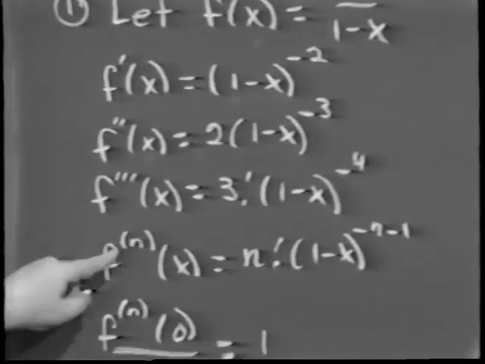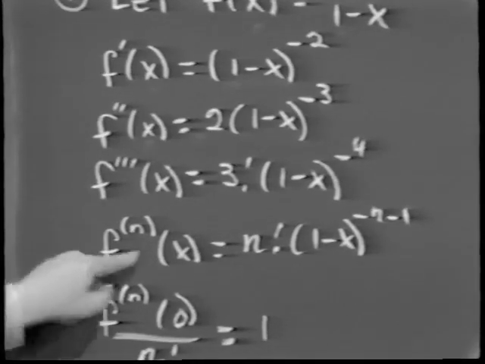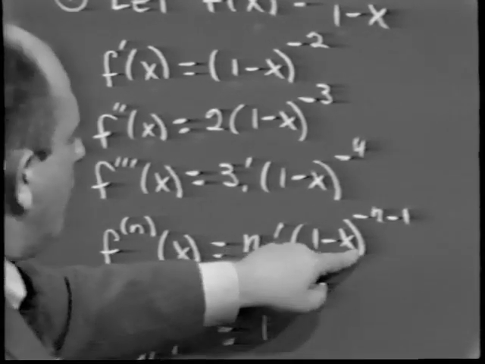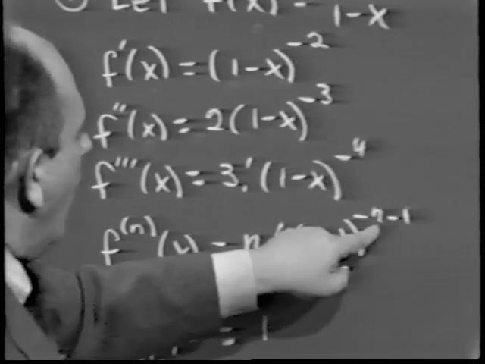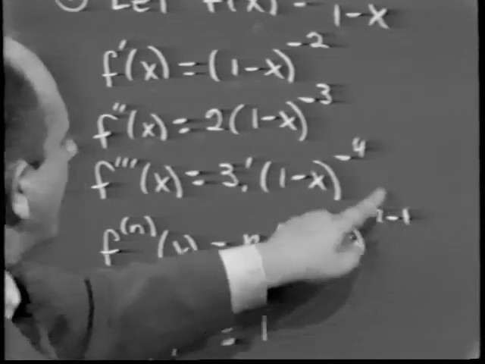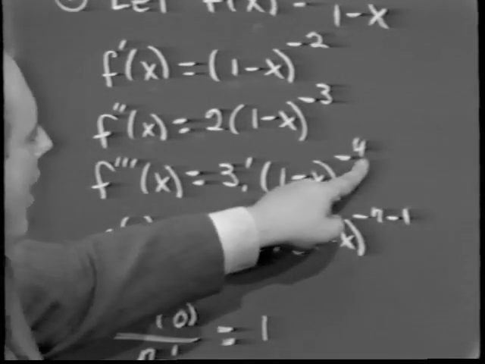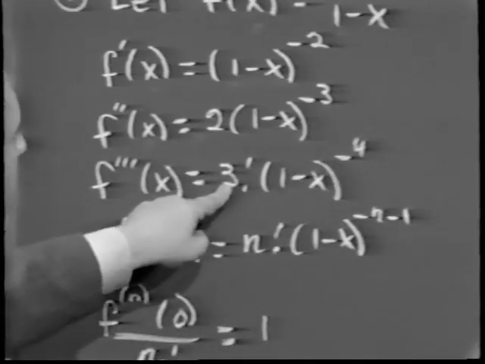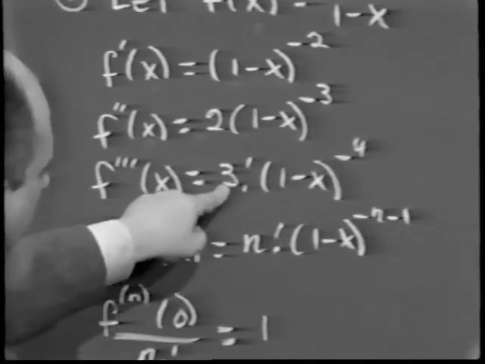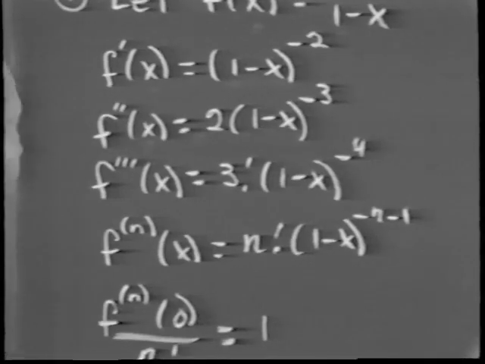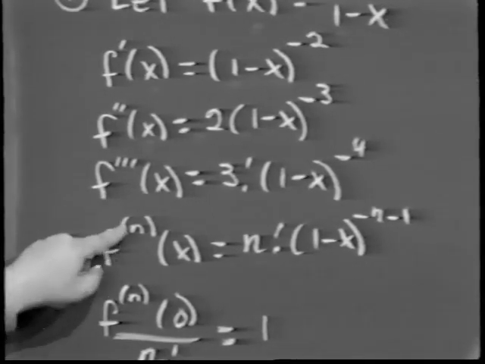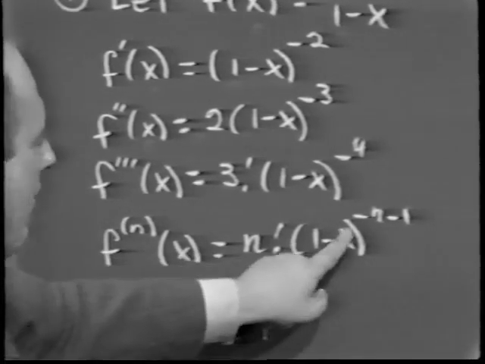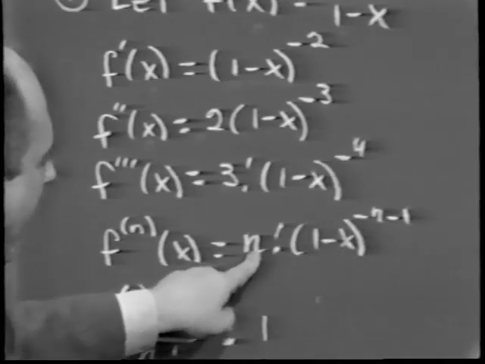And in general, the nth derivative of f in this case is n factorial times (1 minus x) to the what? Minus n minus 1. In other words, notice that the magnitude of the exponent is 1 greater than the number we're taking the factorial of. At any rate, if I now compute the nth derivative of f evaluated at 0, I just get n factorial.